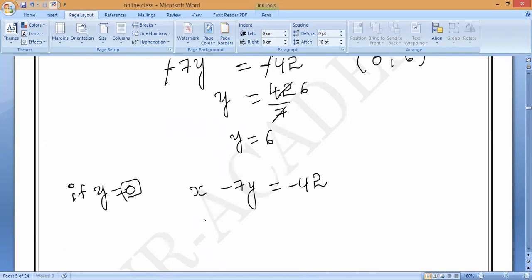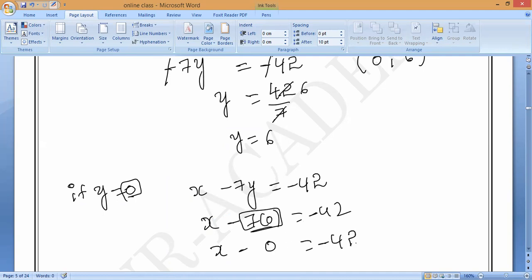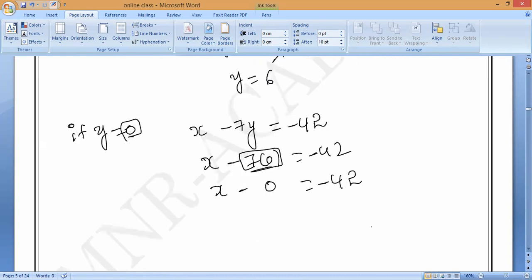Okay, see, in place of y, we substitute 0. x minus 0 into anything is 0. Minus 42. See, this is x equal to minus 42.